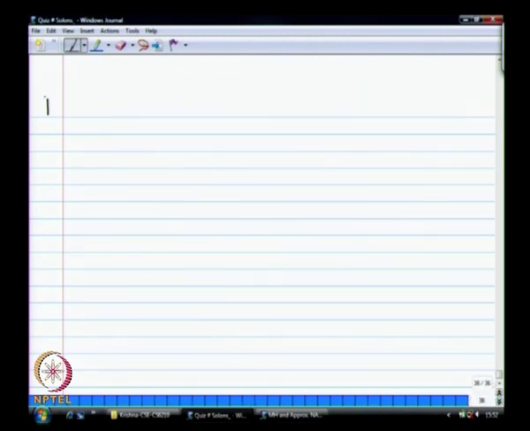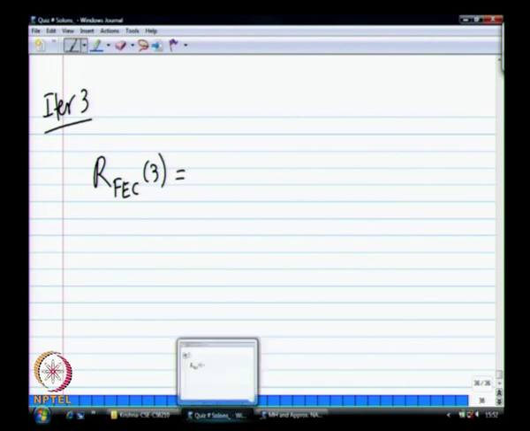So the third iteration I will let you figure it out. So now our FEC of 3 equals what, right? Again j goes from 1 to 3, so it is j divided by mu of j and then P of j minus 1 comma n minus 1.